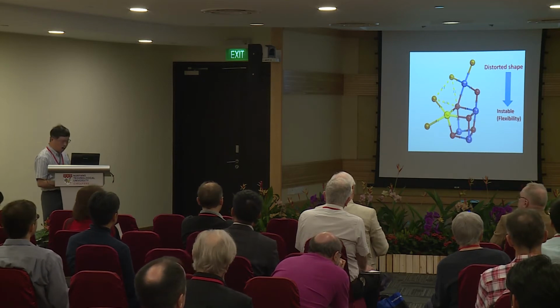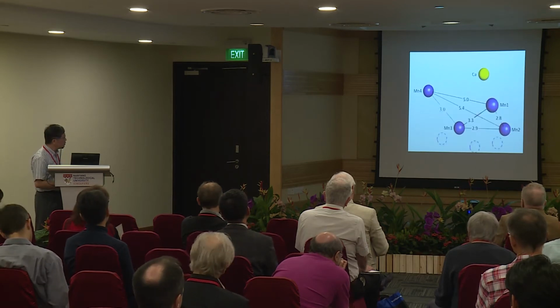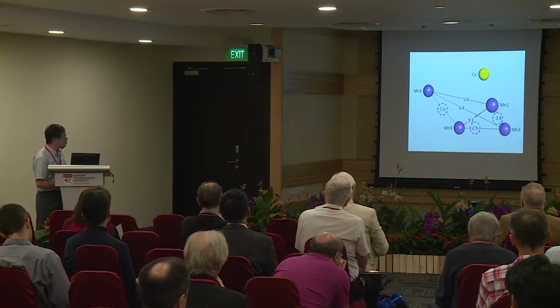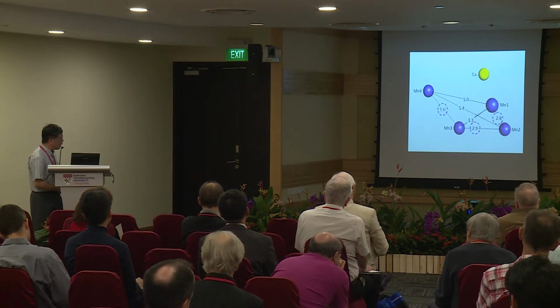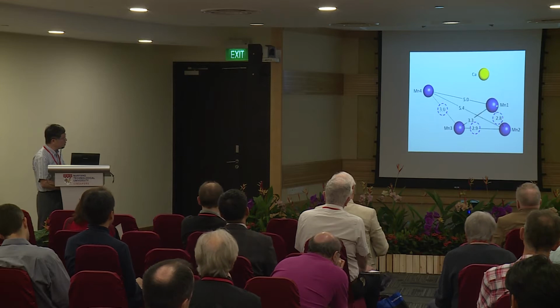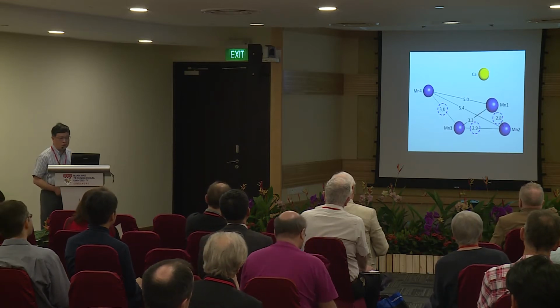But since we reported this structure in 2011, there are extensive discussions on the distances between manganese ions. As you can see here, we reported this distance in the range of 2.8 to 3.0 angstroms.